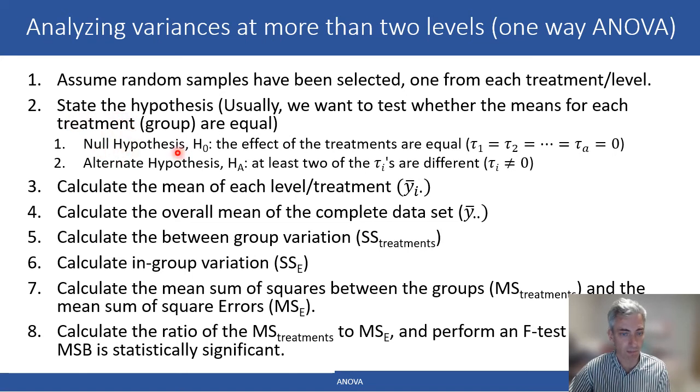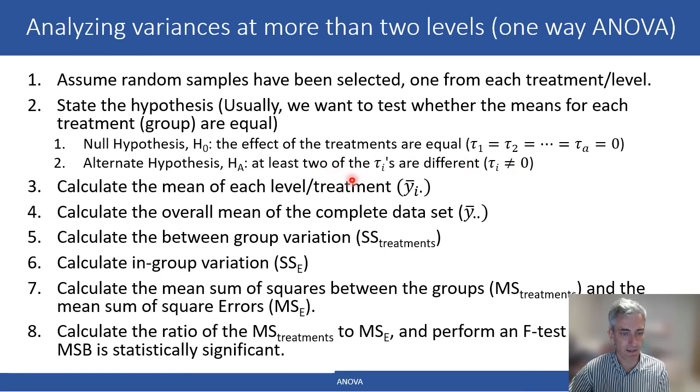And that's the null hypothesis. So treatment 1 or group 1 is equal to treatment 2 is equal to treatment 3, and so on. And the alternate hypothesis is that at least one of the groups is different to the others, i.e. at least two or more groups are significantly different.